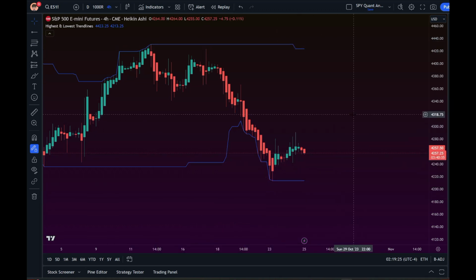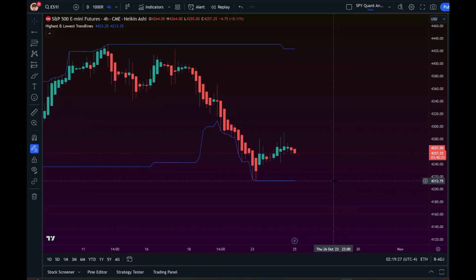Remember, because we have that bearish ascending pattern, this is going to be our target. It's showing us right here where our target is going to be.